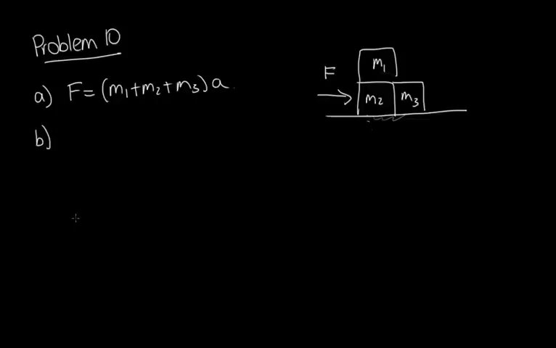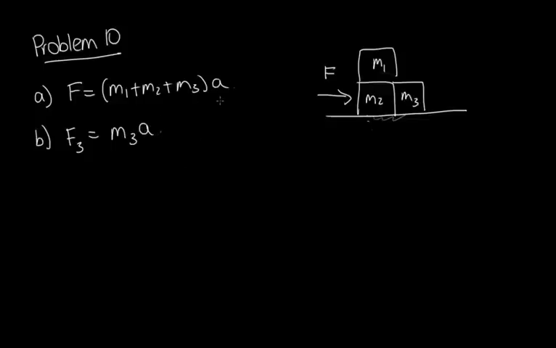For part B, we're asked what force is applied by M1 and M2 on M3. So this force, some of it is used up on M1 and M2, causing them to accelerate, and then they push on M3 with what remains of the force. So we can calculate that force on 3 is just going to be the mass of 3 times the acceleration. So if we want, we can get rid of this acceleration.